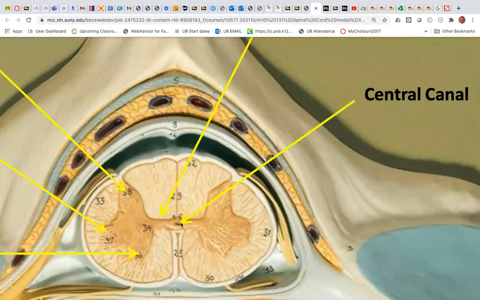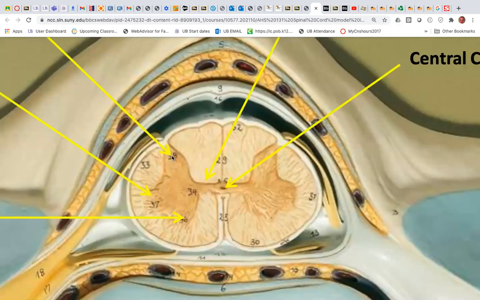This is where cerebral spinal fluid will flow after it leaves the brain and goes down the spinal cord. It doesn't only flow through here, but it flows through the central canal, the hole in the gray commissure. Again, dorsal horn or posterior horn, lateral horn, and anterior horn or ventral horn.